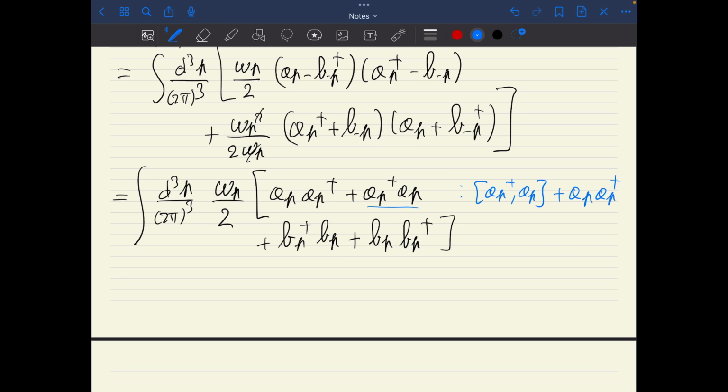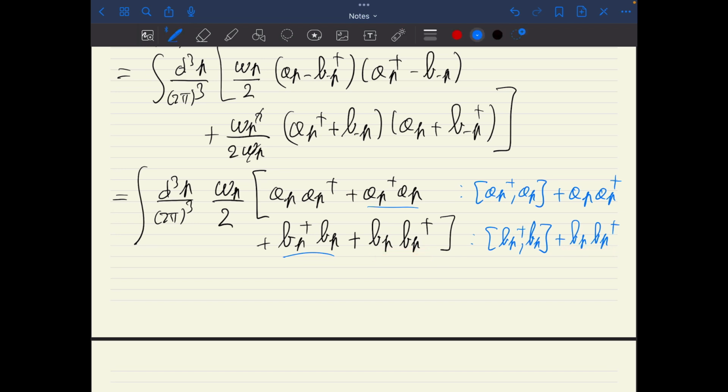And we can do the same for this term here, which is just b†_p b_p plus the commutator of b_p b†_p. So in the end, this term here is the same as this one, so we have a factor 2 and the same here.